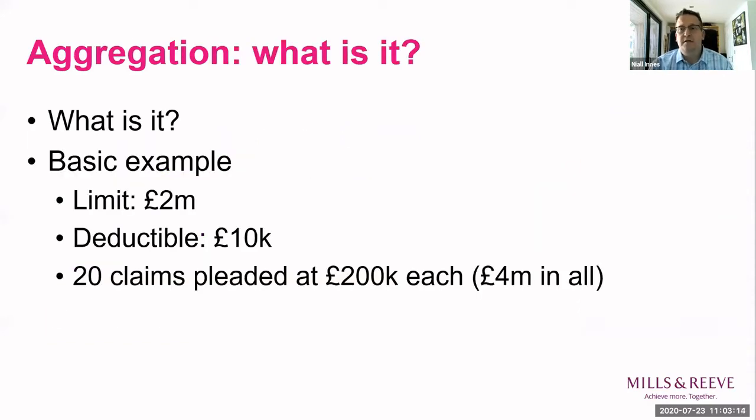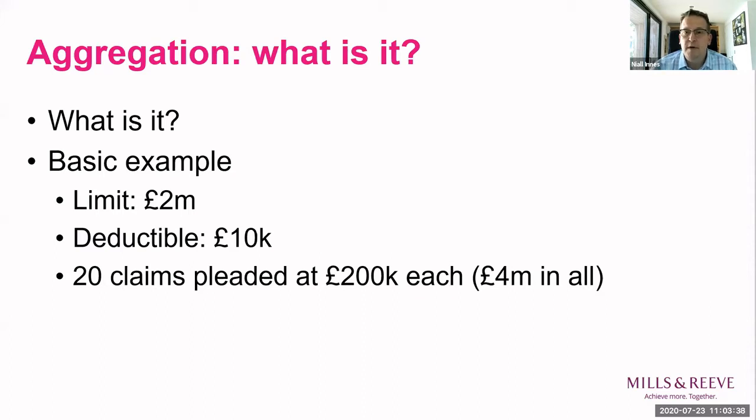So aggregation is pretty simple as a concept. It is where 2 or more separate claims covered by a policy are treated as one claim because of some unifying element which links them together. It's a deeming provision generally, which makes them one claim. Now, depending on the circumstances, this can be beneficial for the insured.